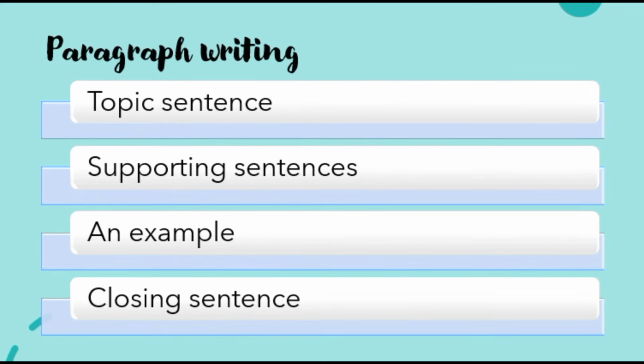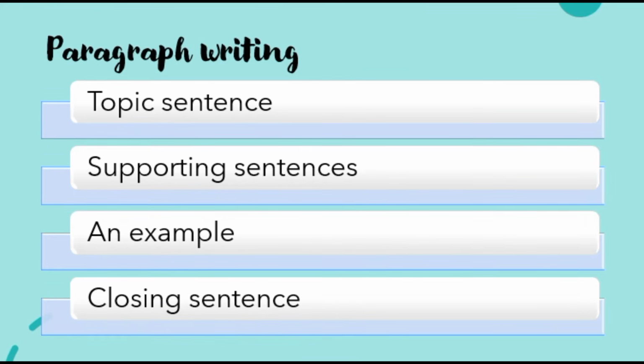I know it's going to be hard to remember all these parts. So I would like to give you an analogy of writing a paragraph to building a bridge. Think of a bridge. So writing a paragraph is like building a bridge. You want to build a strong bridge. So the first main thing for you to do is for you to set the foundation. And the topic sentence is the foundation of the paragraph. This topic sentence is going to be the basis of everything that you write after that in that paragraph.